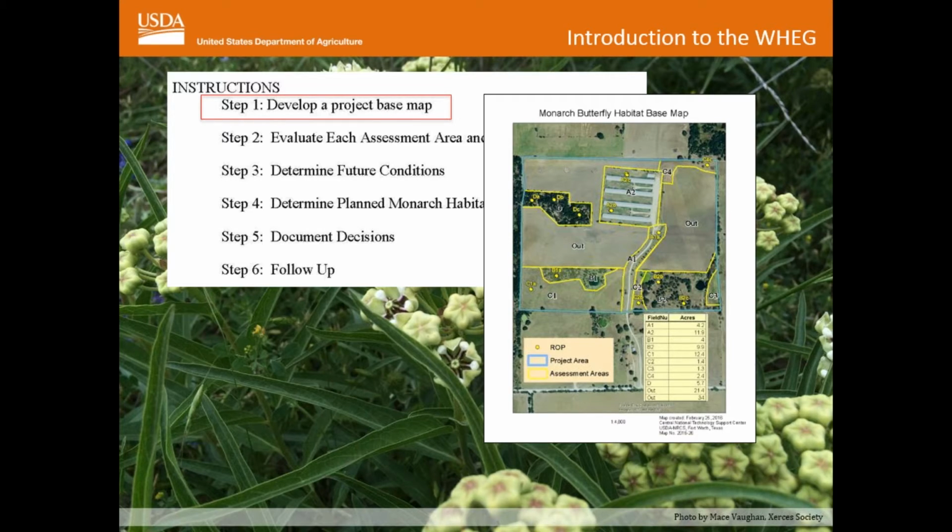But the key here is to identify the areas that you have. You'll notice on the map they have areas that are out. Those would be areas where a producer has cropland and says, well, I don't want to do monarch habitat on cropland. You can simply write in "out" and identify the areas they're looking at, lump those as much as possible, and come up with an acreage.